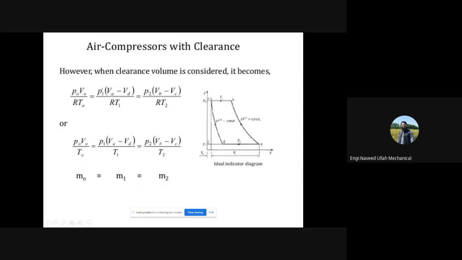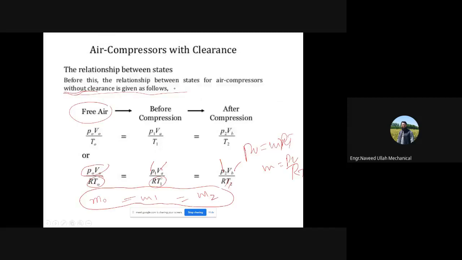With clearance, what will it be? The same thing, and free air the same one, right? Here also the same thing. This is P1 by RT1, but what is the induced volume? VA minus VD, as I just told you. This is P2 by RT2, the same. What is the delivered volume? That is your VB minus VC, as I just told you, right?